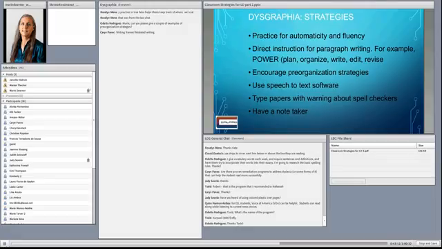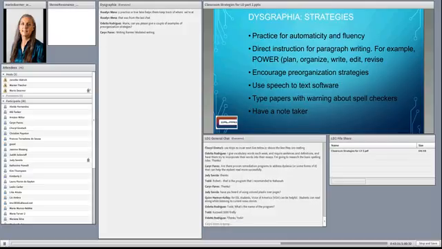Next, pre-organization strategies would be really thinking about before you start writing, especially if you're writing an essay. I'm showing you my hand right now. I should have used that as a picture.